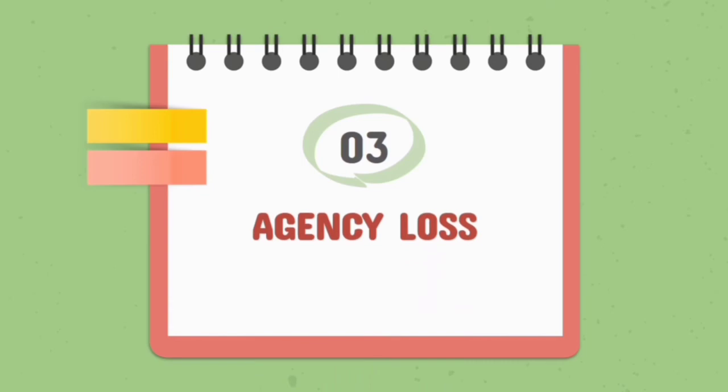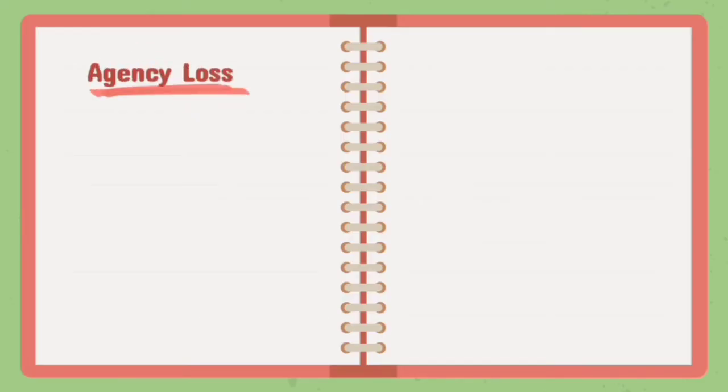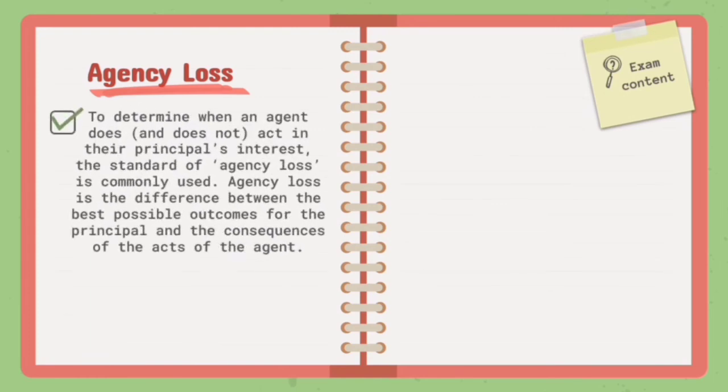Agency loss. To determine when an agent does and does not act in their principal's interest, the standard of agency loss is commonly used. Agency loss is the difference between the best possible outcomes for the principal and the consequences of the acts of the agent.